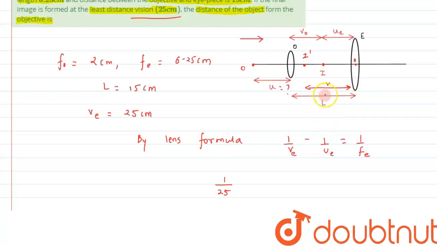So it has to be taken negative because we are measuring it in the opposite direction of the incident light, and here it would be minus 1 by UE, which equals 1 by FE. Since it's a convex lens, the focal length has to be taken as positive.